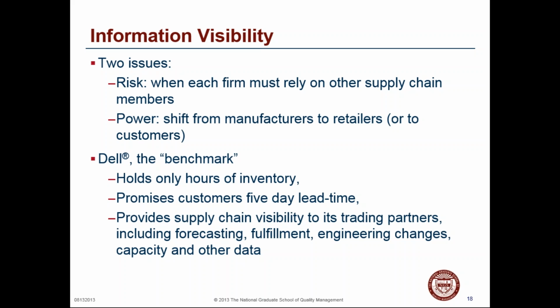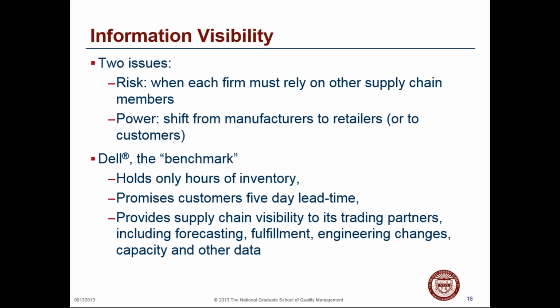The power shifts from manufacturers to retailers or to your customers. And if you remember our insourcing and outsourcing discussions from last week, it plays a key role in there. And then, as previously discussed, Dell is considered a benchmark, right? They're holding only hours of inventory, so like a just-in-time type operation.